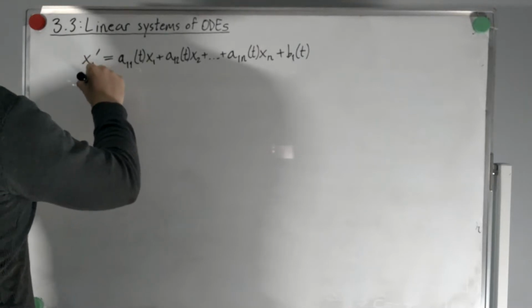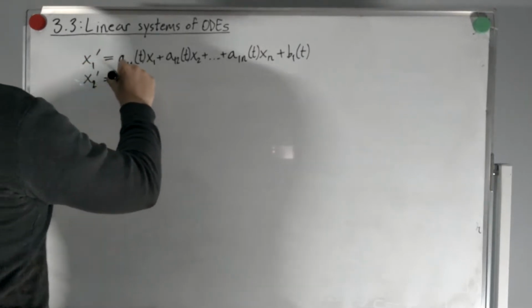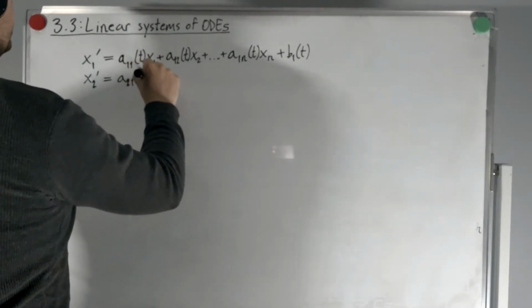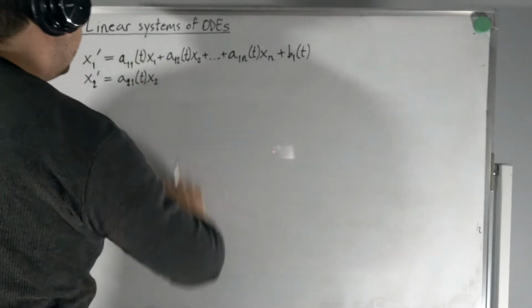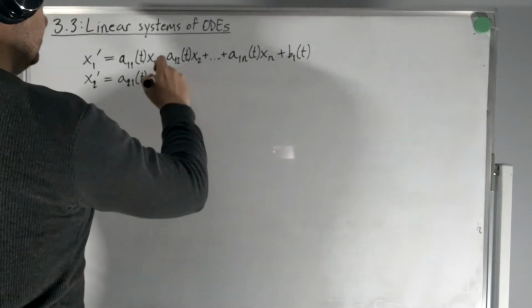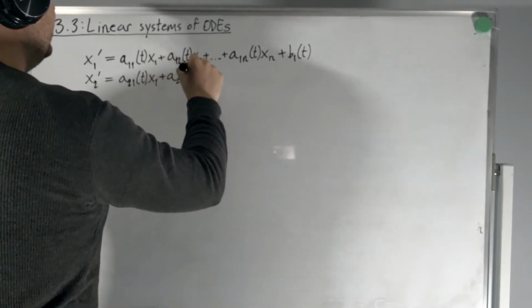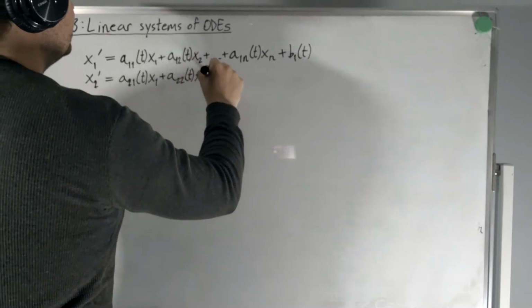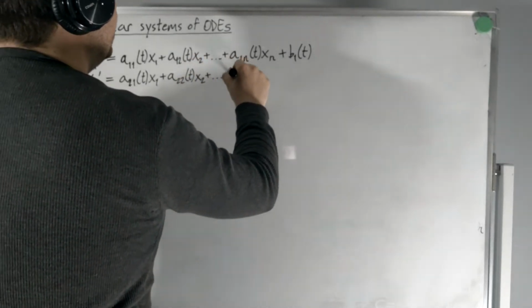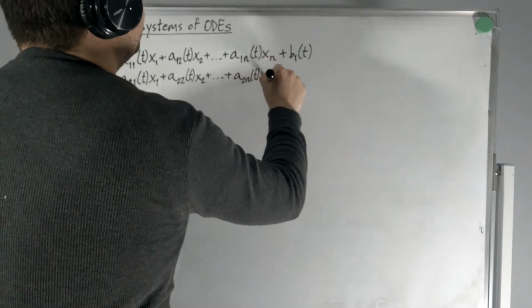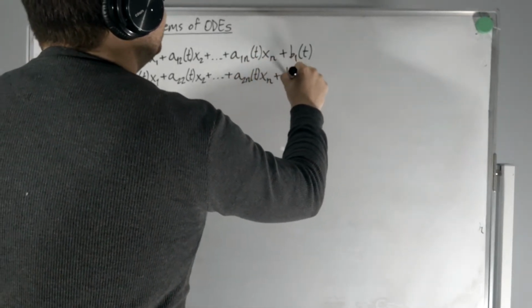And x2 prime equals a21 of t x1 plus a22 of t x2 plus dot dot dot plus a2n of t xn plus b2 of t.